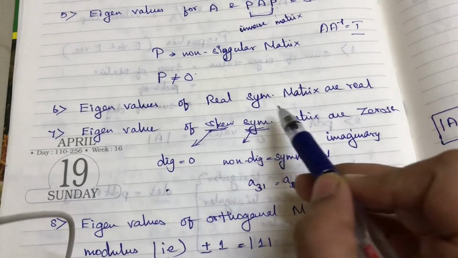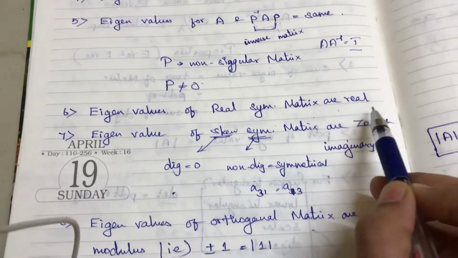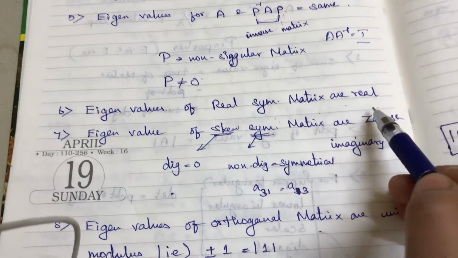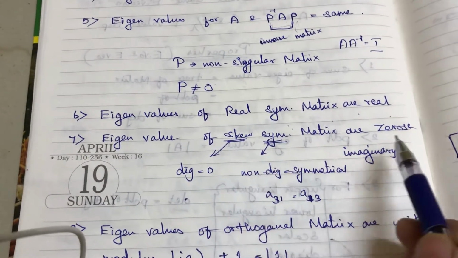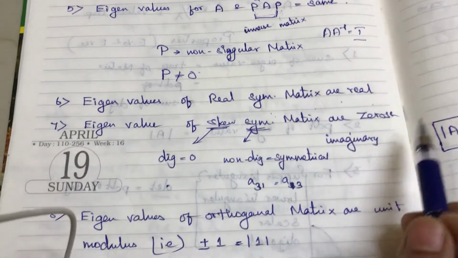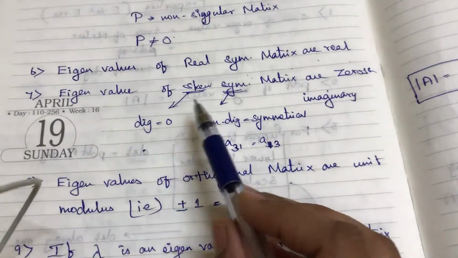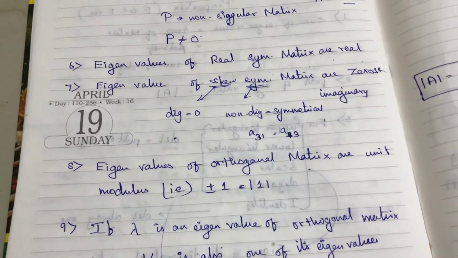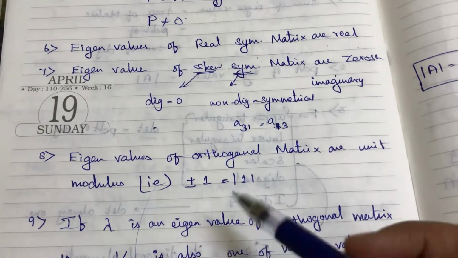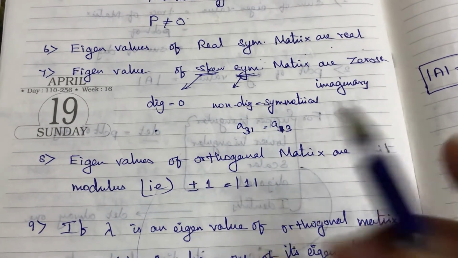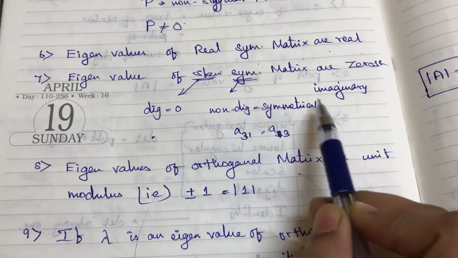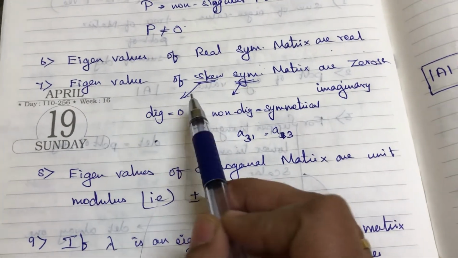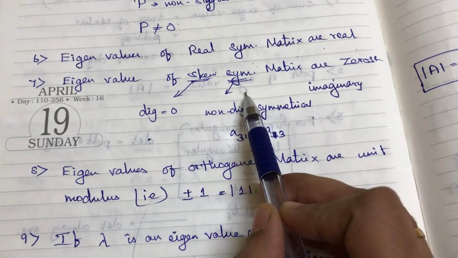Eigenvalues of a real symmetric matrix are real. Eigenvalues of a skew symmetric matrix are zeros and imaginary. How?